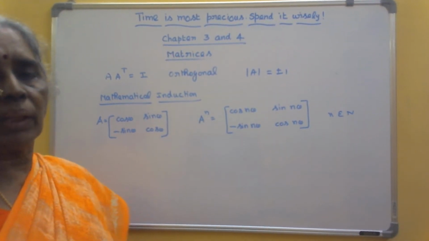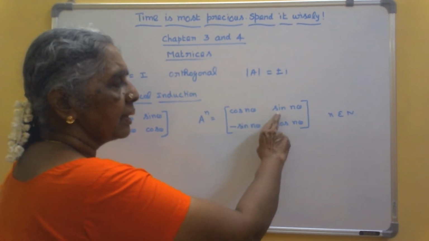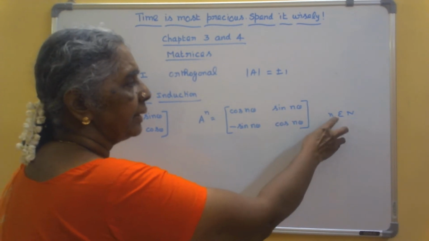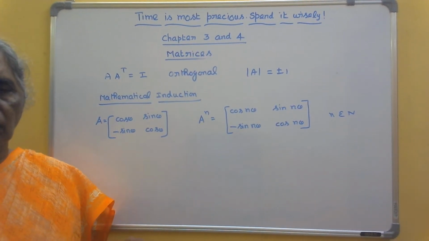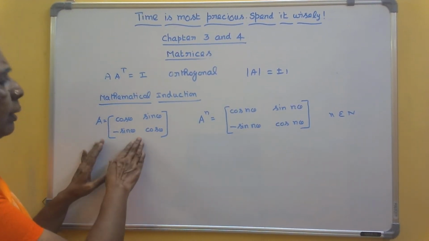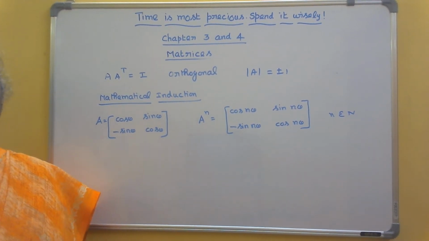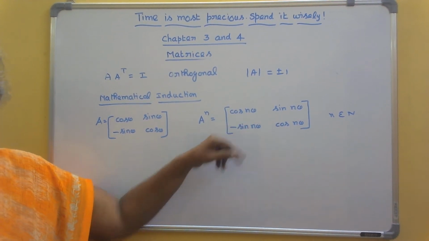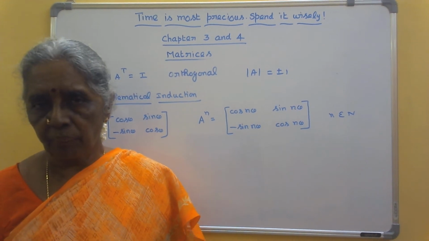A power n will be [cos n theta, sin n theta; minus sin n theta, cos n theta], where n belongs to N. You have to use this concept in some MCQs where they may ask you A power 5 or A power 7 or whatever it is. Whatever n is given, that should come here as a multiple of the angle. So, just remember this concept.